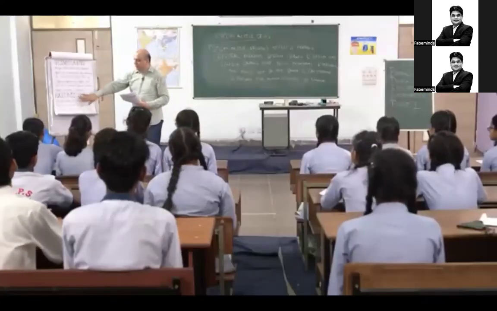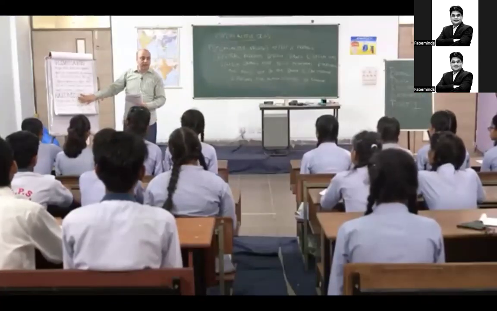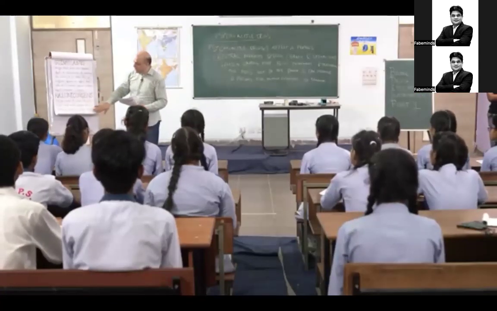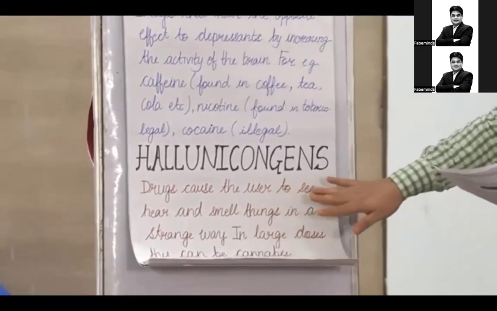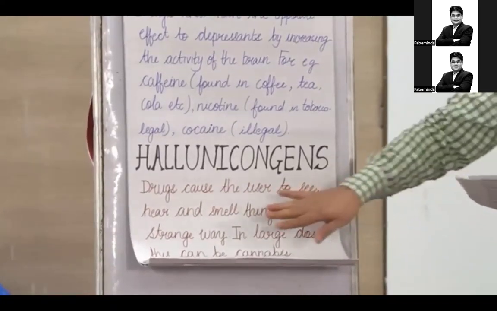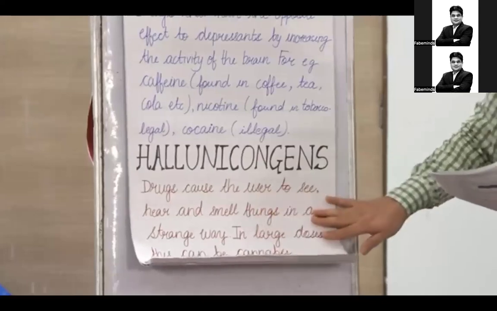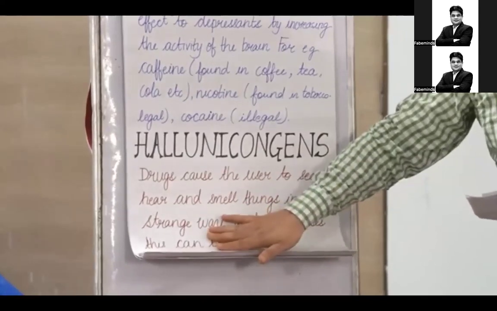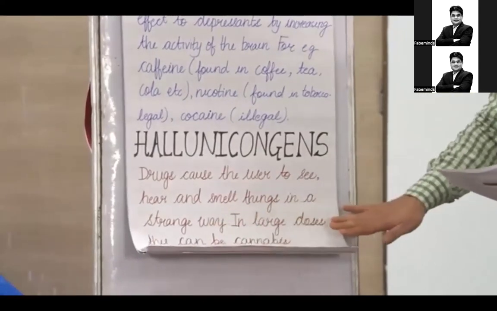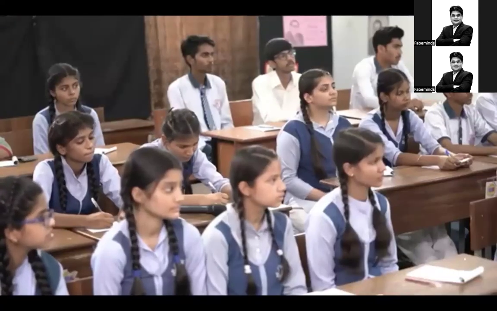All right, hallucinogens, which is the third category of psychoactive drugs. These drugs cause the user to see, hear and smell things in a strange way. In large doses, this can be cannabis.